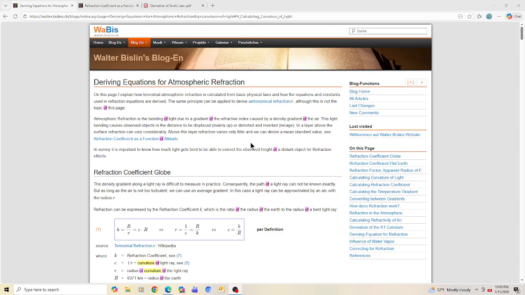Okay, the gradient would be a grade or rate of change for the refractive index as it increases in density, getting closer to the surface. In a layer above the surface, refraction can vary considerably. Okay?